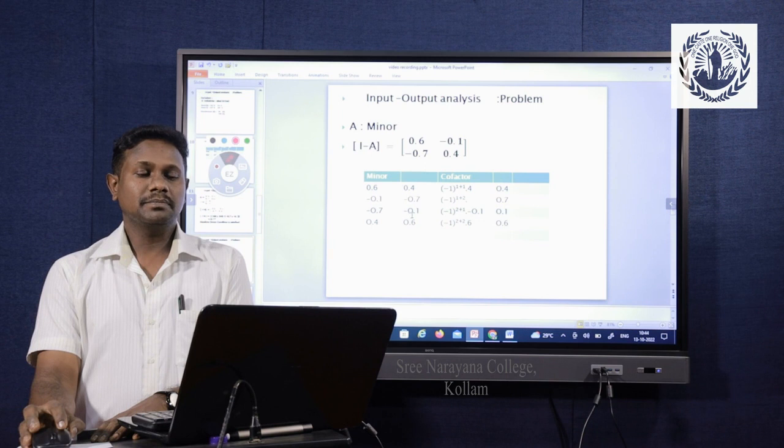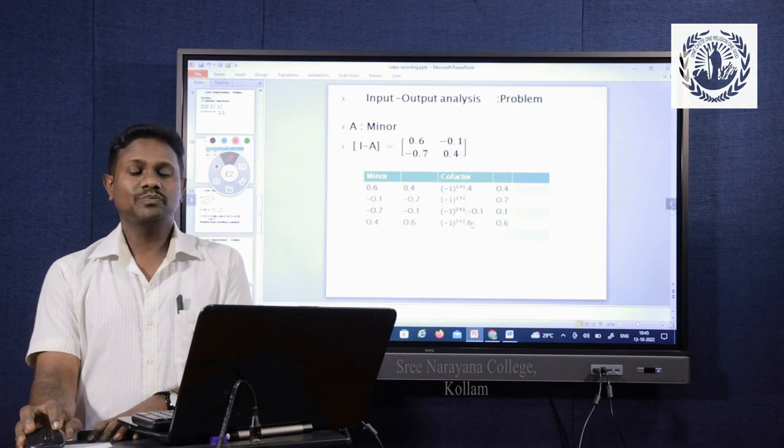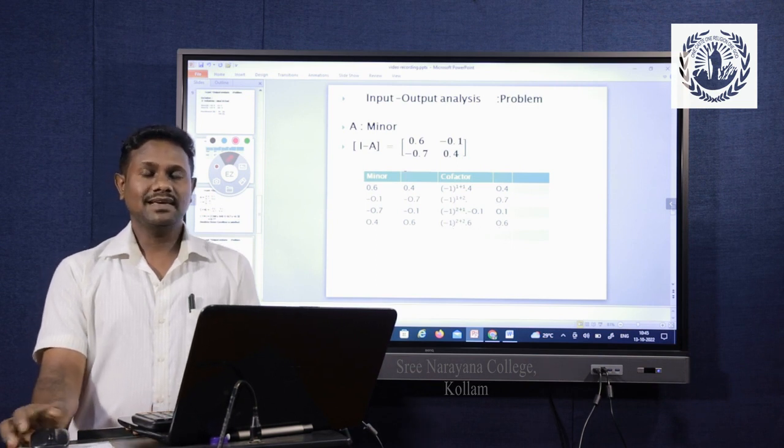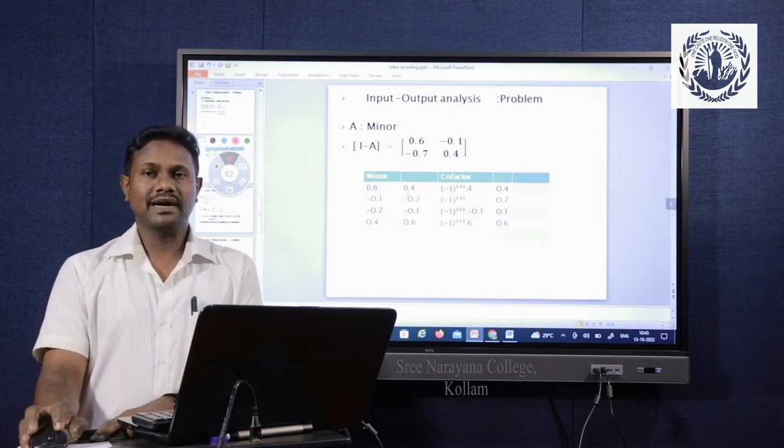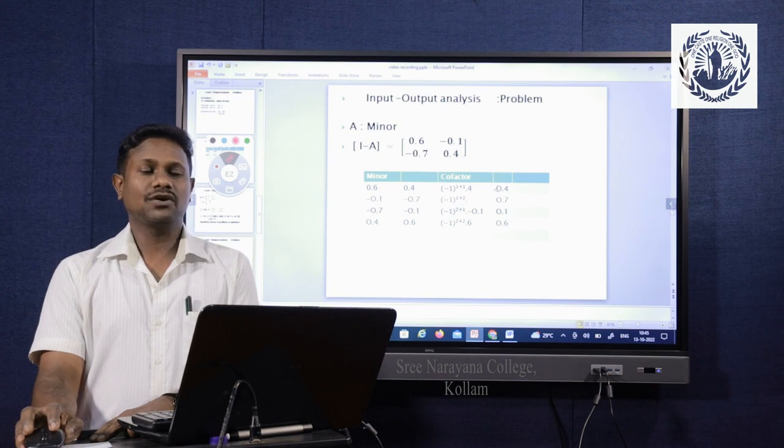For the minor minus 0.1, the cofactor is 0.1. For the minor 0.6, the cofactor is 0.6. This is the equation minus 1 raised to 2 plus 2, so the value is plus 1 into 0.6, which is 0.6. In this table, first we computed the minor, then we converted it to the cofactor.